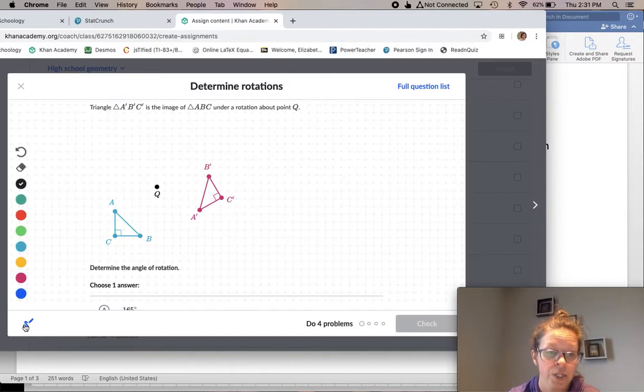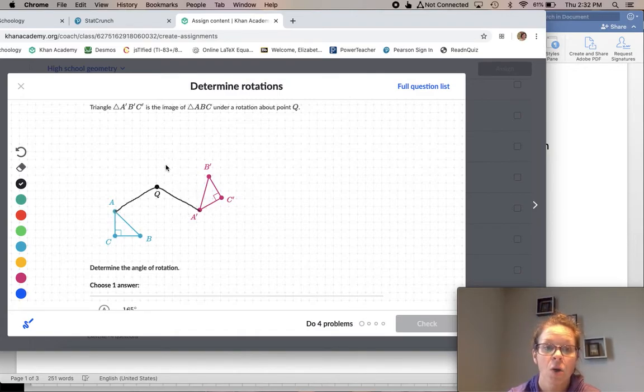So what I'm going to do is I'm going to choose one of the letters. It does not matter which letter you choose. So I'll choose letter A. And I'm going to connect both A and A prime to the center. That would be the angle. I'm taking A to A prime because remember, blue is the beginning and the primes, the pink one, is the end.